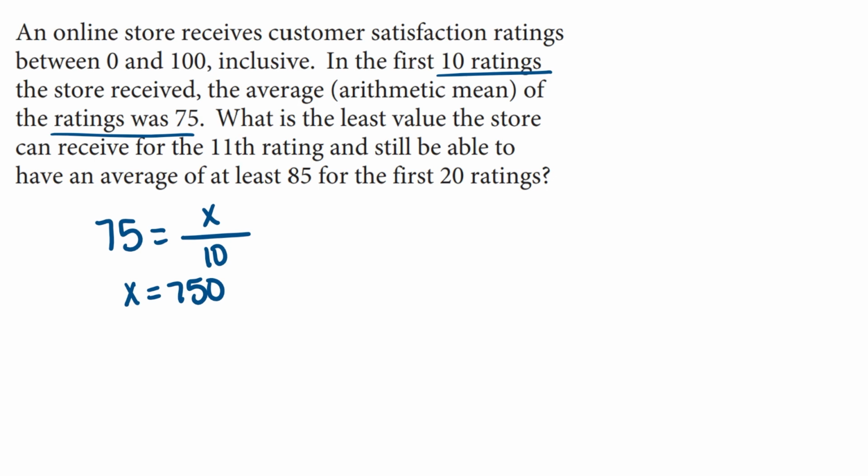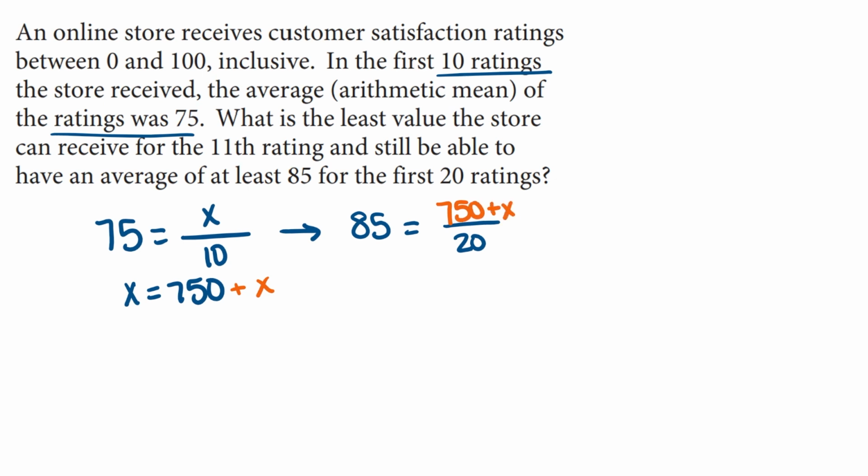So now we want to move to an 85 for our rating out of 20 ratings. So if we know for our first 10, we got 750 as a score, then how many more values in the next 10 ratings would give us 85, right? So that's what we're going to put up here, 750 plus x.